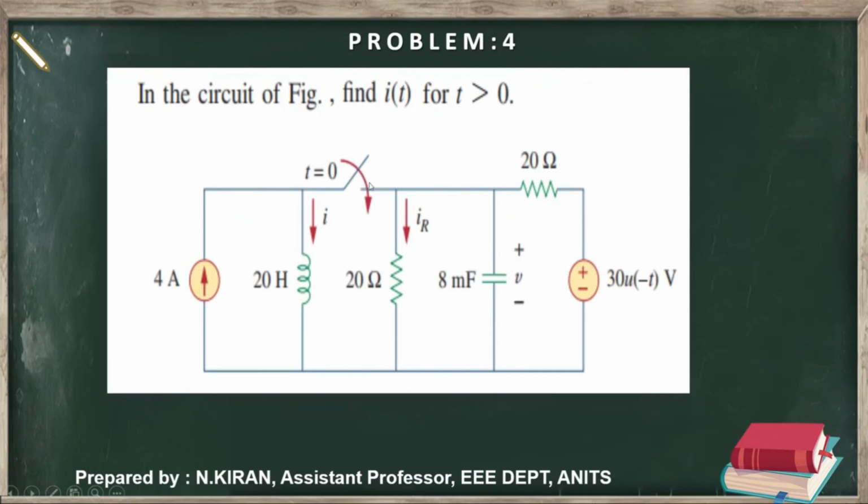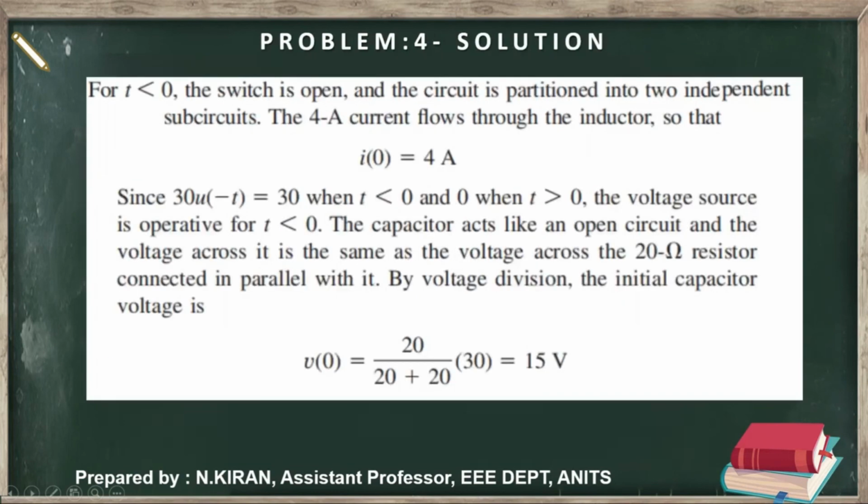Since initially it is open, I will get a voltage source 30 in series with 20 and 20 ohms. According to the voltage division rule, I can find the voltage across the capacitor, which is nothing but the voltage across the 20 ohm resistor connected in parallel to the capacitor, which will give me 15 volts. So we have got the initial current and initial voltage.